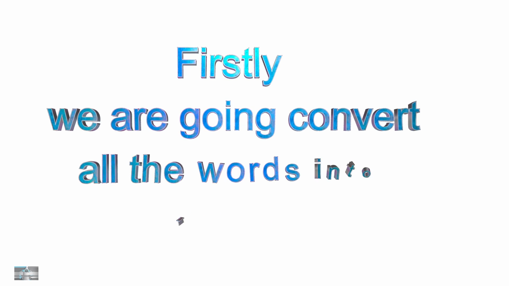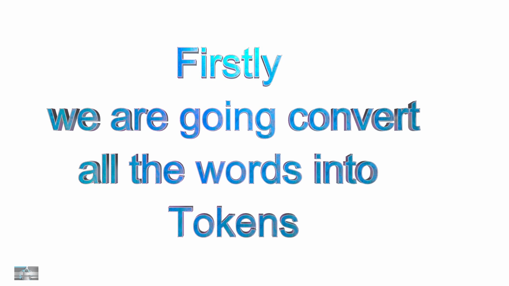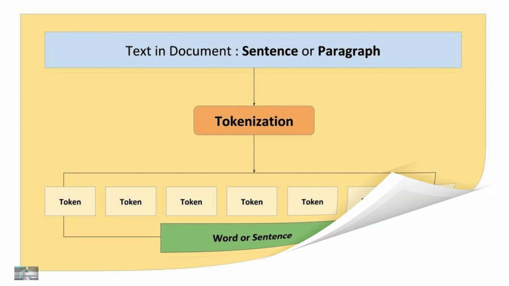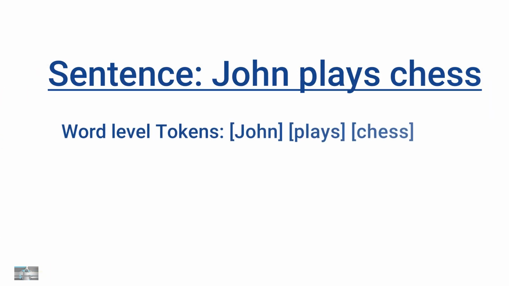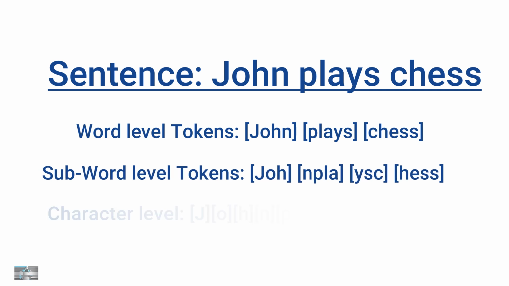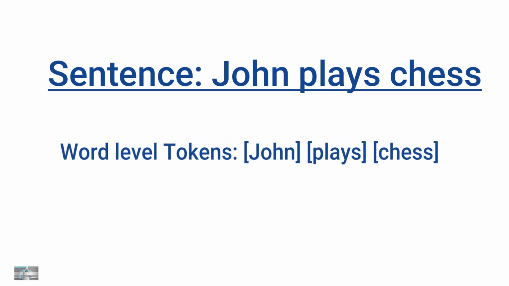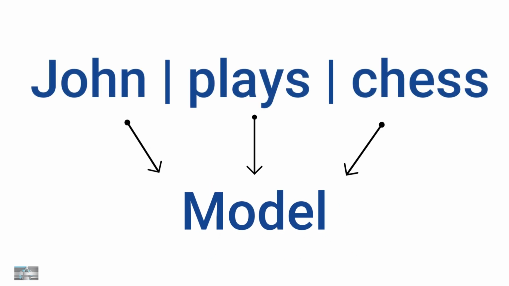Firstly, we are going to convert all the words into tokens. Tokens are nothing but a smaller portion of the sequence. It can be either a word or a subword or a character. For easy understanding, let's break the sequences into words. So basically, we are going to make the model understand all the words involved in our dataset.